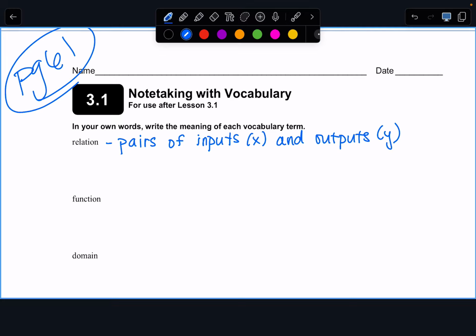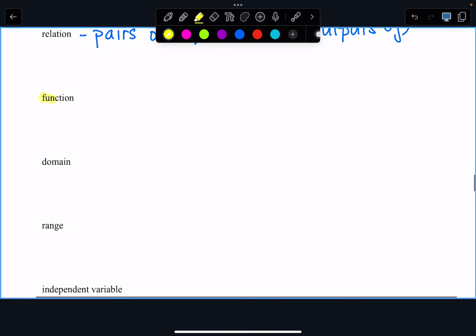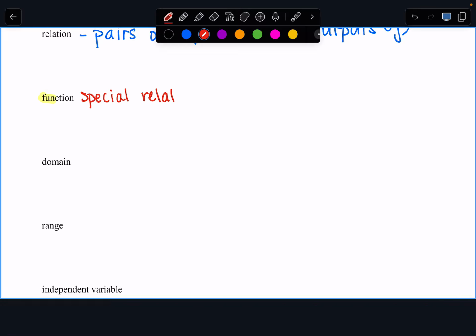Now, the fun part of what we get to talk about is what a function is, okay? So a function is a special relation in which all inputs have only one output.